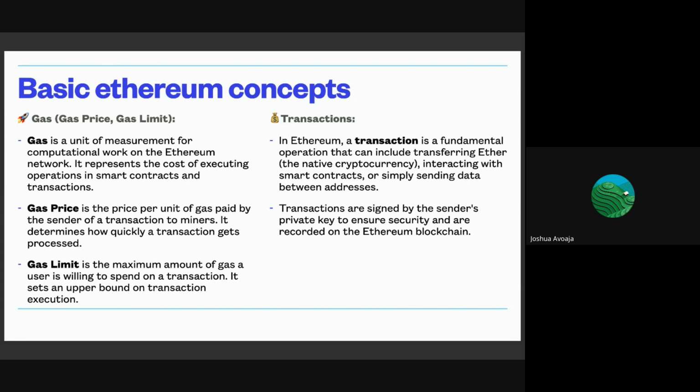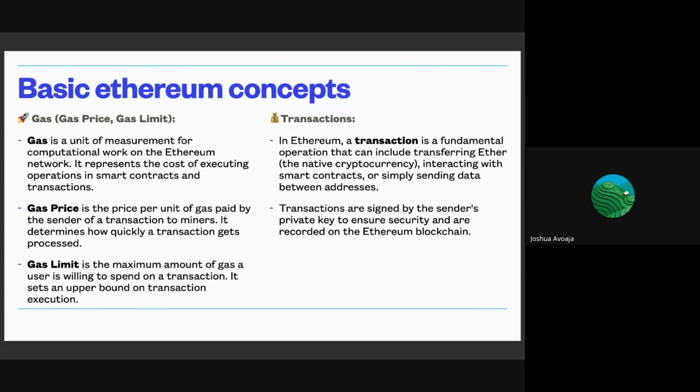That's why sometimes to speed up transactions, you pay more gas, because the more you incentivize the network, the faster your transaction gets processed. So gas limit is sort of like setting a stop loss on how much gas you're willing to pay for a particular transaction.